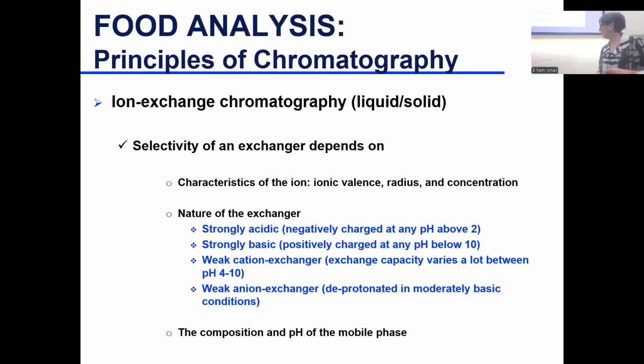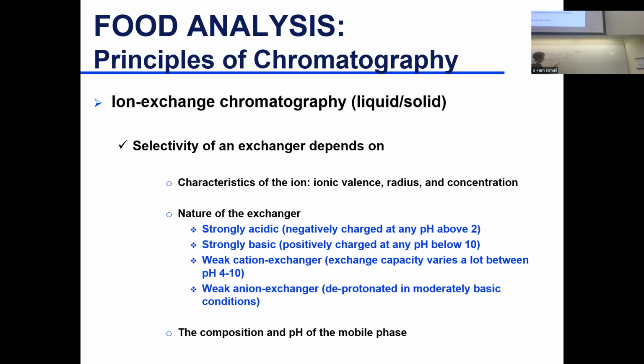Yes, good question. If I'm doing weak acid, so this example here, let's assume it's negatively charged at, say, pH 4, pH 5. And now the ones that carry more positive charge will have stronger interaction.